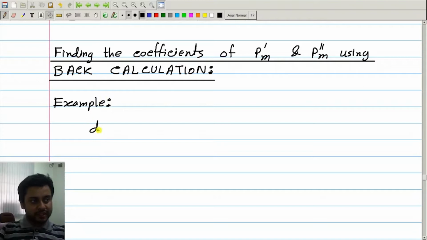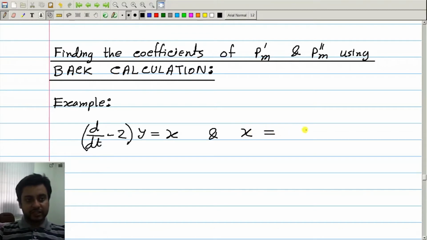Suppose the system given is d/dt minus 2y is equal to x, and x is given as, say, (t plus t square) multiplied by e to the power 3t.